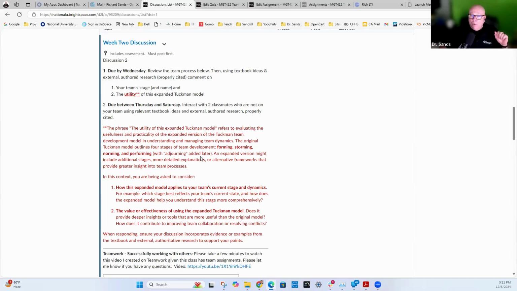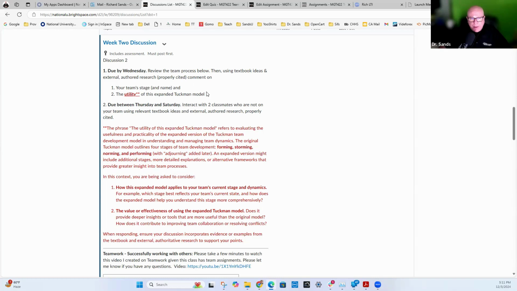So the assignment is asking you to say where you are on the existing model, discuss it, and then expand on it. An expanded version might include additional stages, more detailed explanations, or alternative frameworks that provide greater insights into team processes. So take this existing model and expand on it somehow.